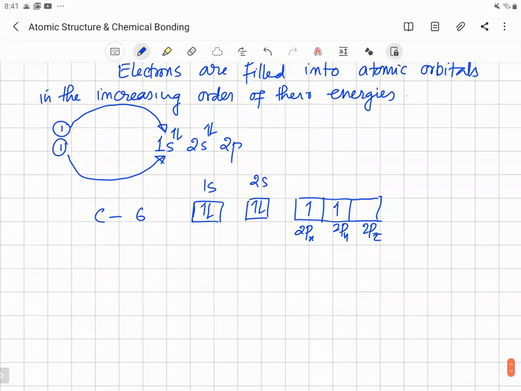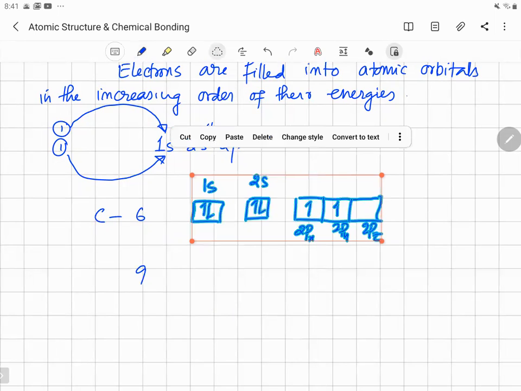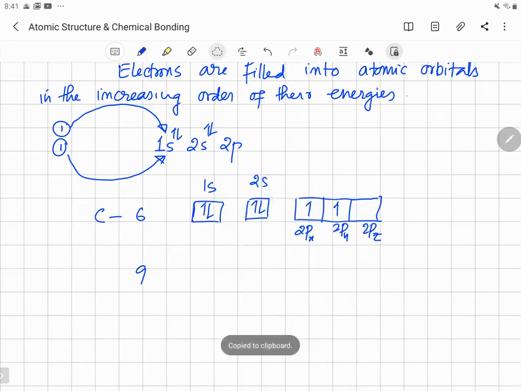Now, suppose I have 9 electrons, then how does this electronic configuration look like?